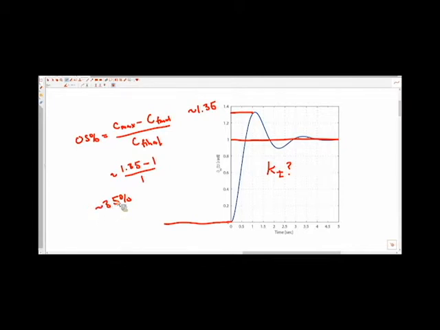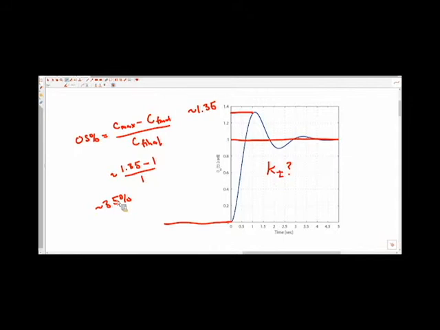For this, what other metrics could we pick off of this? Rise time, right? Would be another one that would work. So the rise time, what's the definition of rise time? Yes. Louder so the whole class can hear. Yeah, exactly.